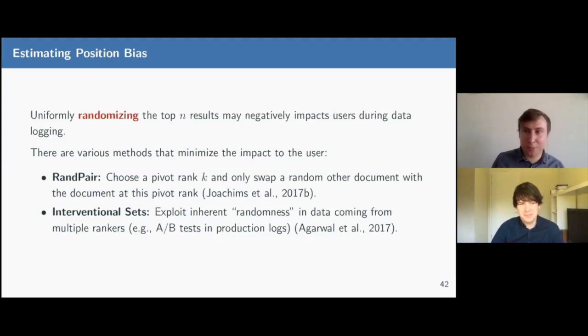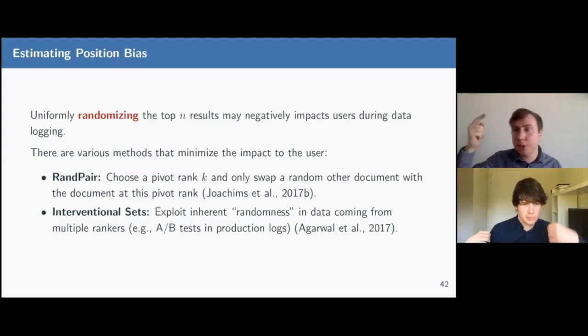So there has been research into methods that minimize the impact on the user, but still are able to infer these position bias parameters. The first one is called RandPair, or random pairs, where you choose one rank in your ranking and you randomly swap one other document in your ranking with the document at this pivot rank.